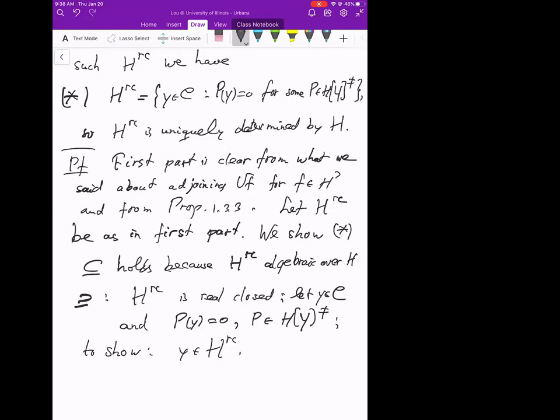Now, HRC is real closed. That means that this polynomial can be factored as follows. We have p(Y) is some element a of H, a not 0, times (Y minus y1) to the power e1, up to (Y minus yd) to the power ed, times some product of quadratic irreducibles.